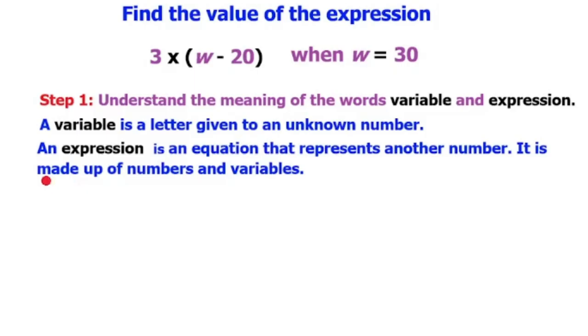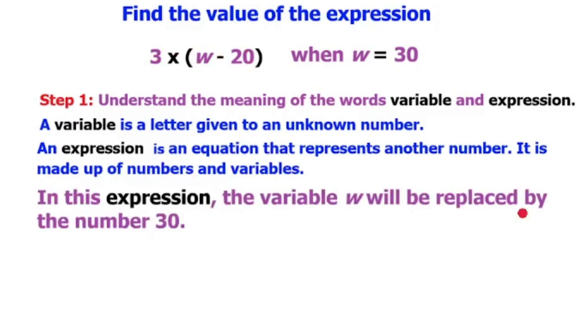It is made up of numbers and variables, and we could see that. It's made up of numbers and variables. Okay? So, in this expression, the variable w will be replaced by the number 30. So we need to figure out what the value of this expression is when w equals 30.